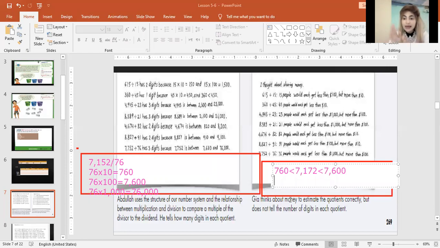So the answer is between 760 and 7,600. It cannot be bigger than it. So it is between the hundreds and the what? And the thousands. So it will be 3 digits between the hundreds and the thousands. So the answer is 3 digits. Okay. I hope it's easy.